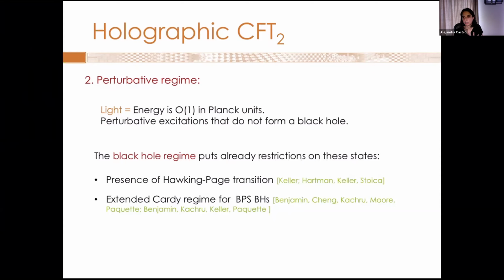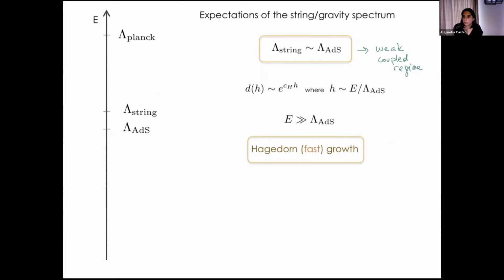This very stringy regime is the one that Rajesh, with Matthias and Lawrence, are currently discussing when they're solving for AdS3 CFT2. They're in a regime where lambda string is basically very similar to lambda AdS. Sorry, was there a question? No, okay. So that's our very, very stringy regime.